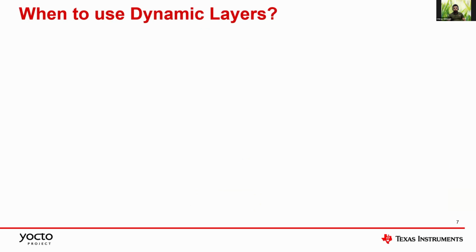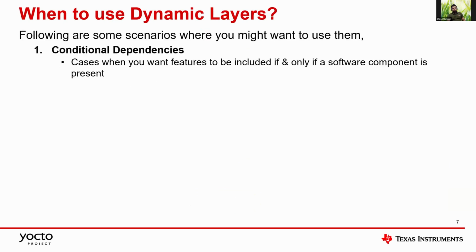So when to use dynamic layers? Following are some scenarios where you might want to use them. Firstly, as we saw, conditional dependency. There might be cases when you want to include features if and only if a software component is present.